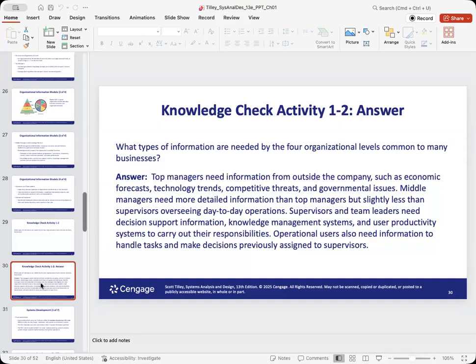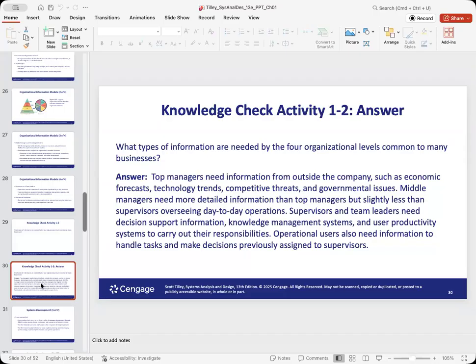You understand? So there are these organizational models. They all need information, but they need information from different angles. The supervisors and the team leaders will also need what we call the decision support information, the decision support information we talked about, and then the knowledge management systems and user productivity systems.